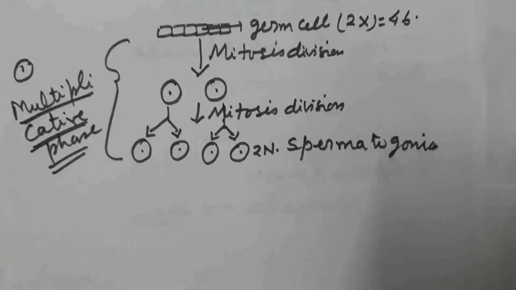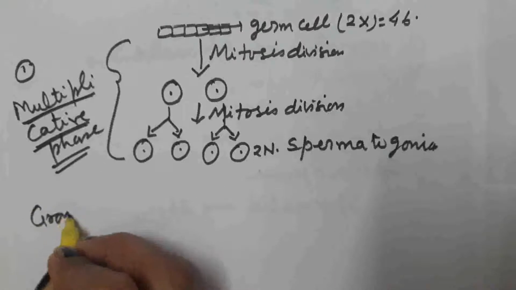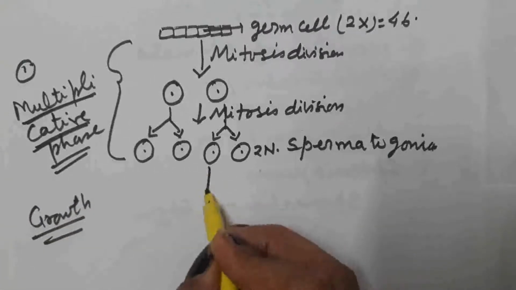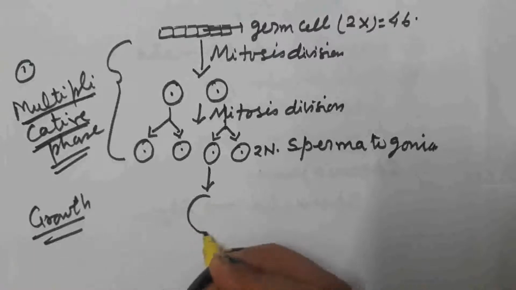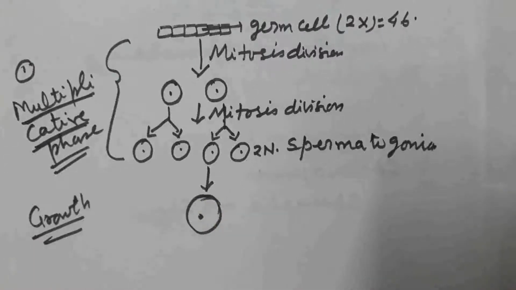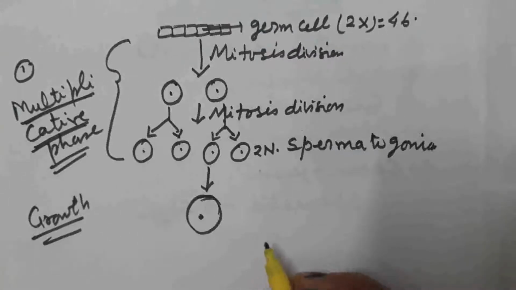What happens in the growth phase? The size of the spermatogonia increases. It accumulates lots of nutrients inside them and becomes bigger in size.